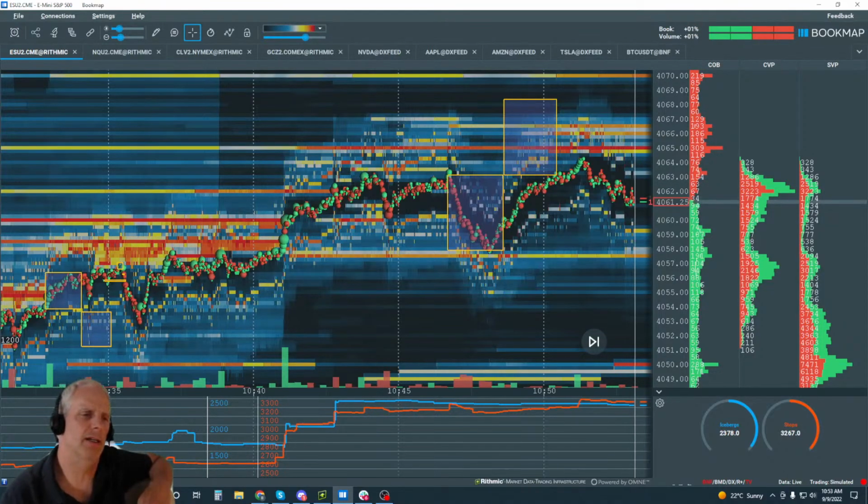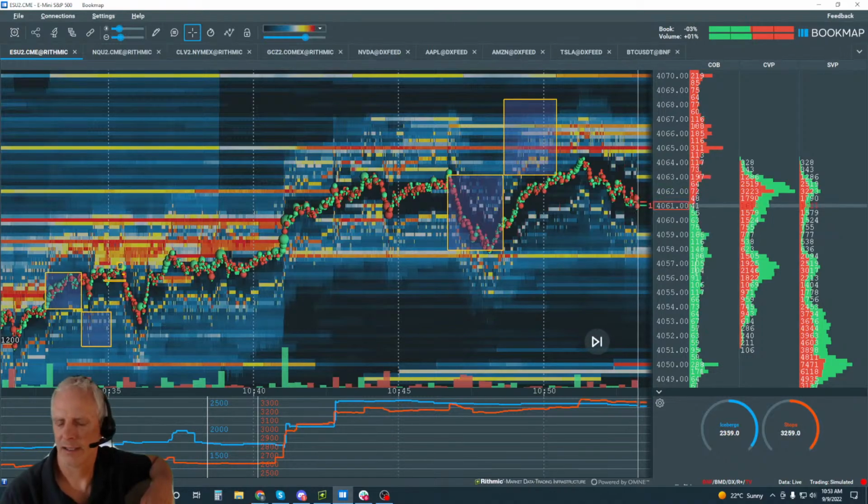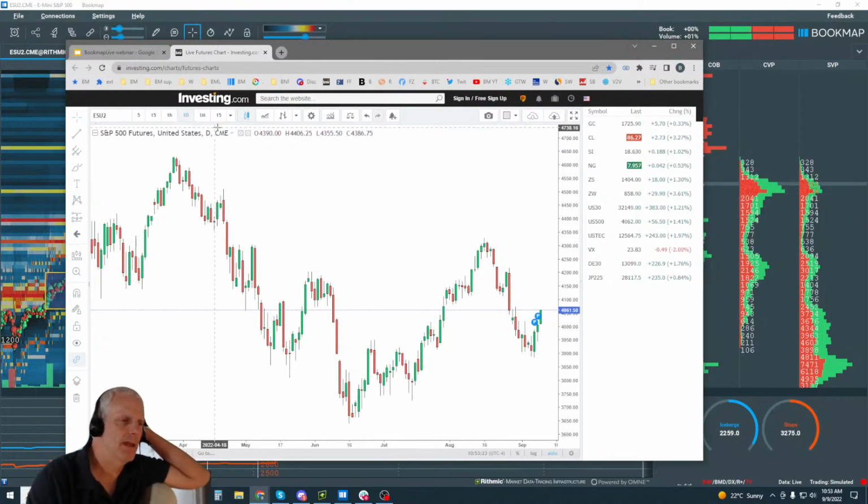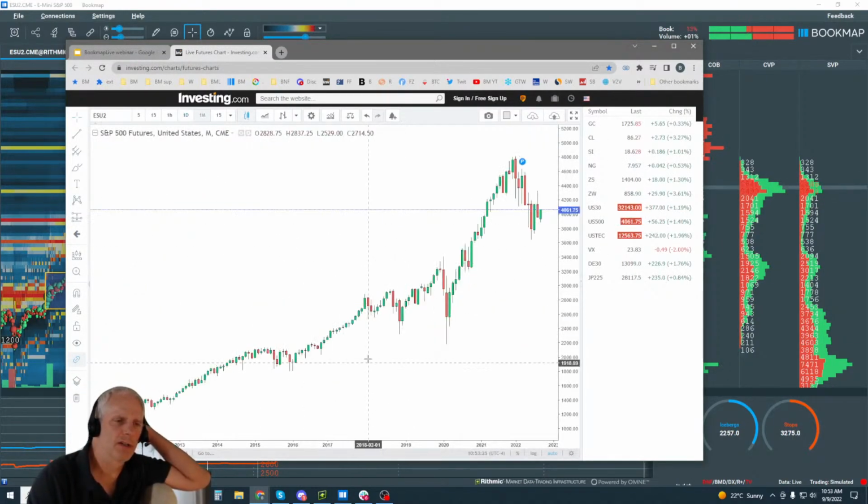It depends on how far you want to go back. We can look at a monthly chart in here, right? On the monthly chart, we're still in an uptrend. This is more like a pullback.